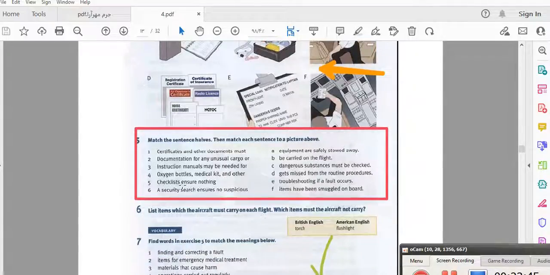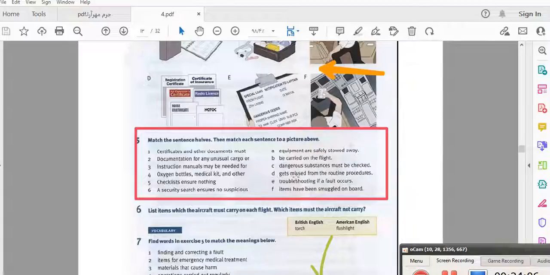Number 5. Checklists ensure nothing gets missed from the routine procedures. Yeah, when you have the checklist, you are checking everything.